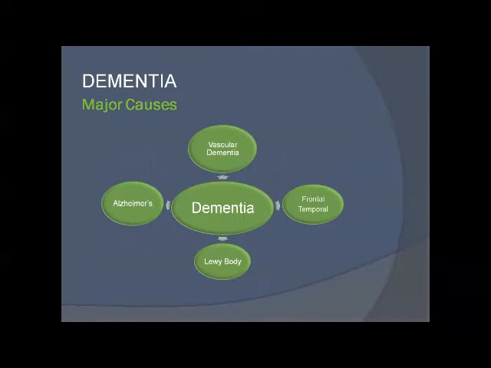And the importance of knowing the cause is that there are different things that go along with these different types of dementia. When you're trying to communicate with someone, it's critical that you're aware of the things that are foremost in some of the presentation.